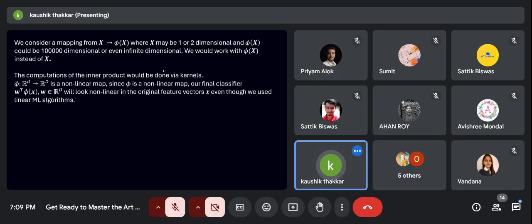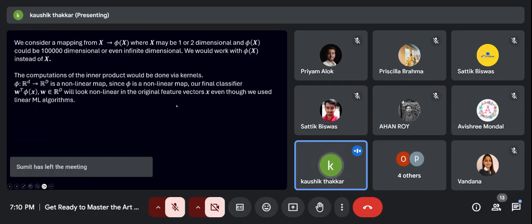And the results will be the same. That's the trick. The results would be the same, but ultimately you will be doing the calculations in very low dimensions only, right? So we project these feature vectors x to a high dimensional feature vector phi of x. These computations of the inner products are basically done via kernels.